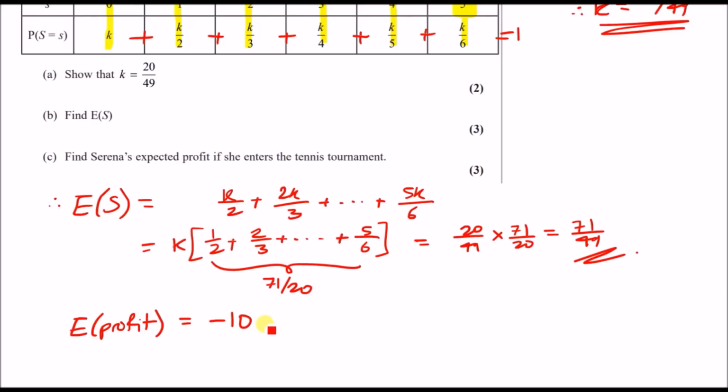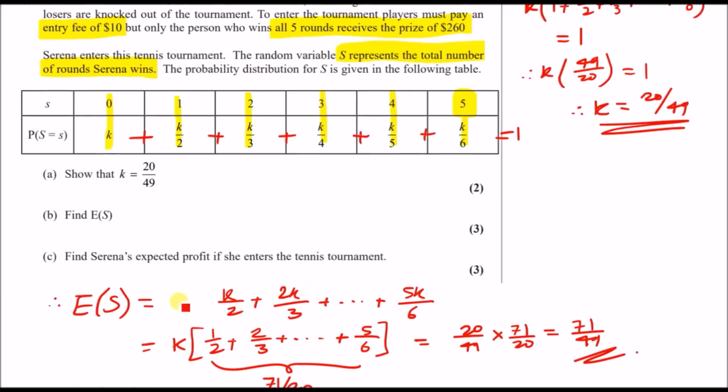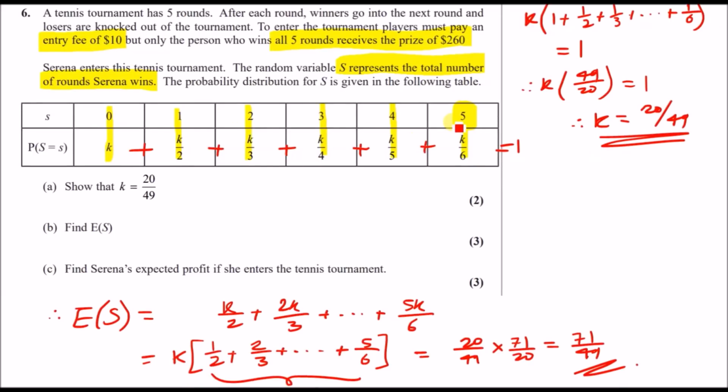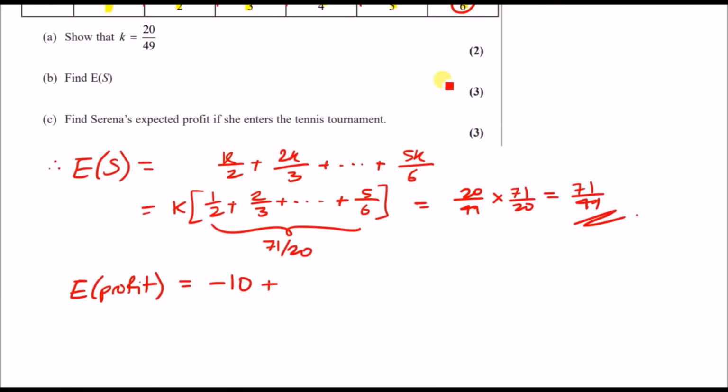You're going to lose 10, plus, now, the profit means that she can only win. There is no other way of earning money. And she can only win $260 if she wins all 5 rounds. So she needs to be at 5. We know the probability of getting 5 is K over 6. So it's going to be to win 260 with probability K over 6.